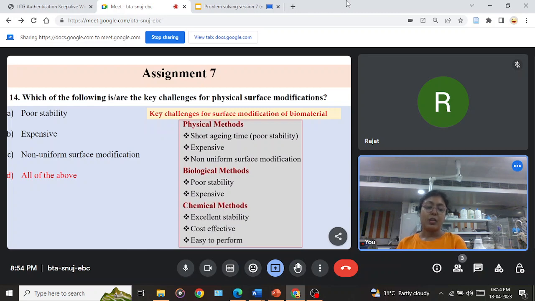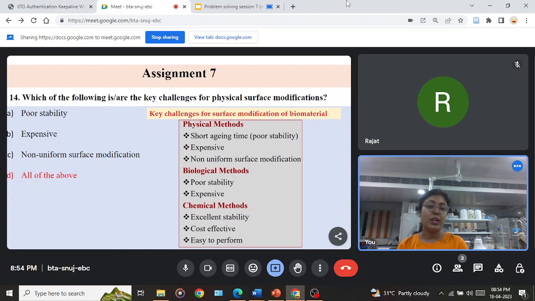Sometimes it is inefficient: for various cells, if you try to modify the surfaces, the cell could not adhere, or there is uneven coating of the biomolecules, or the conjugation does not happen properly. So what will it lead to? It will lead to poor stability of the modified surface.